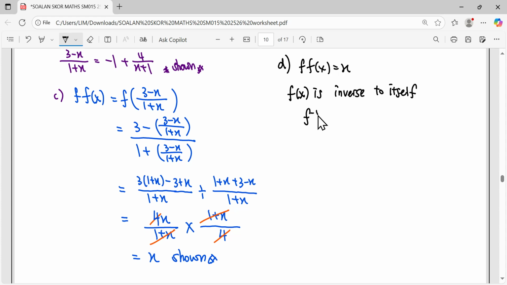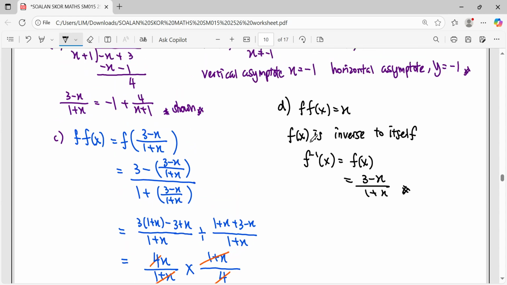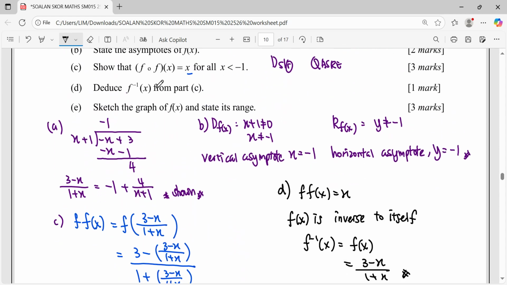So your f inverse will directly equal your f(x), which is (3 minus x) over (1 plus x). So that's all for this question. You cannot recalculate and show me how you get f inverse, because it said you have to deduce from part C, you have to deduce it from this composite concept here.